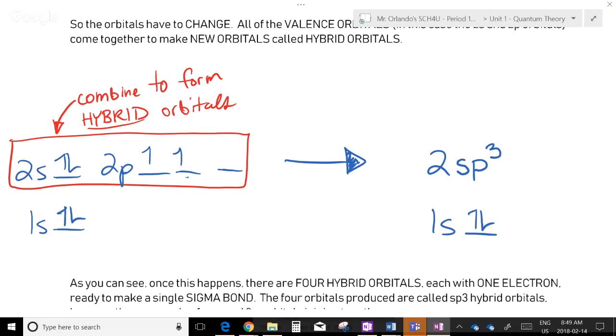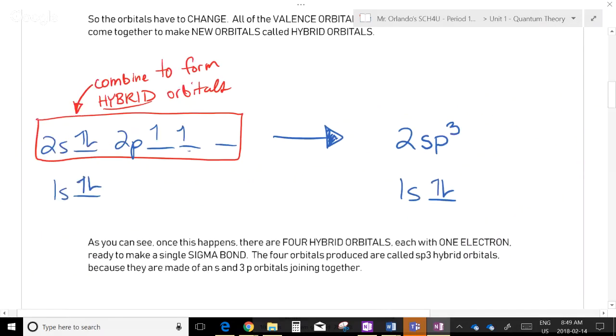Kind of weird? A little weird? Yeah, you may have in biology talked about things being sp3 hybridized, sp2 hybridized, sp hybridized. I can't remember if that appears in the 12 bio or not. But anyway, now, all together, how many new orbitals should we have? Well, we combined one s and 3 p's.